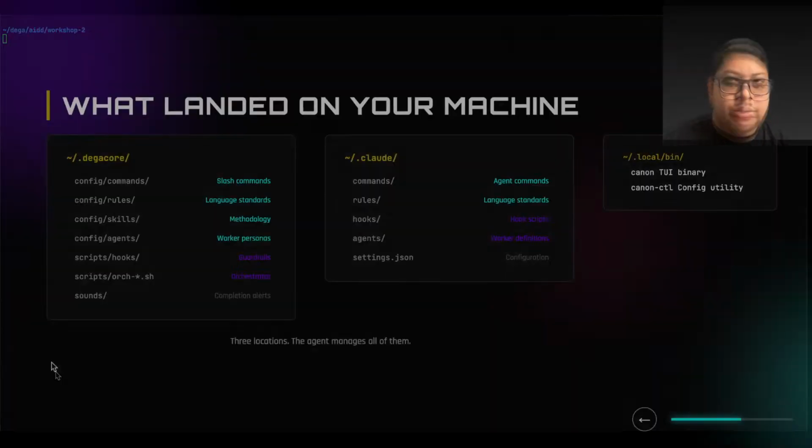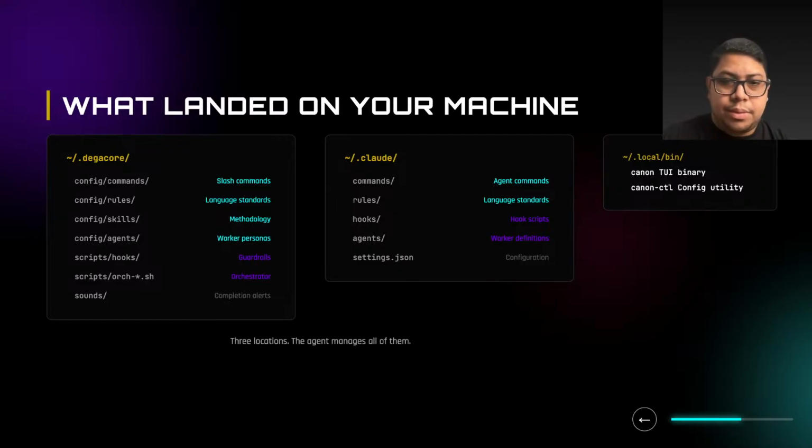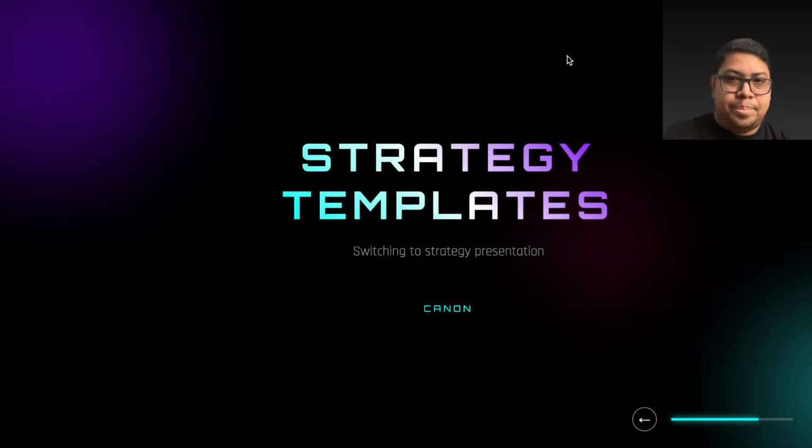All right, so now let's go into the upcoming topic for the workshop, which is going to be the strategy templates. Okay, so that is going to wrap the installation process. If we can do a summary of it, the installation process was to go to the repository, copy the installation command, and then come back to the agent and give it the instruction.